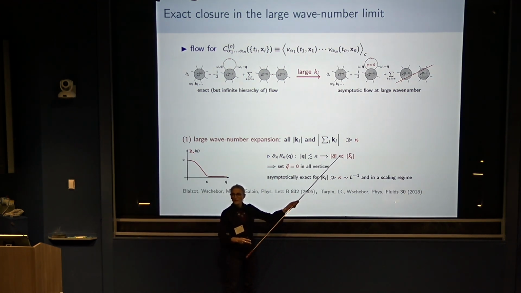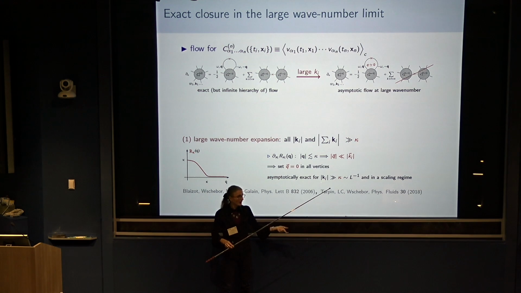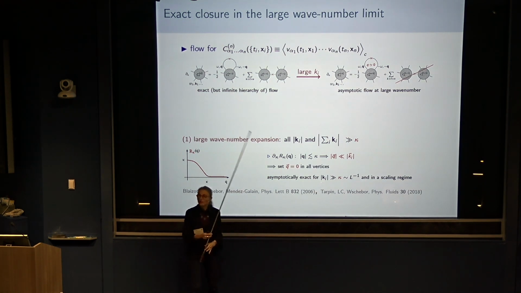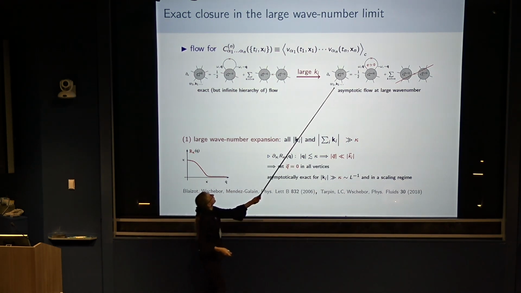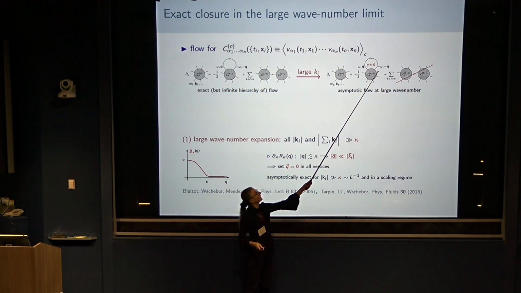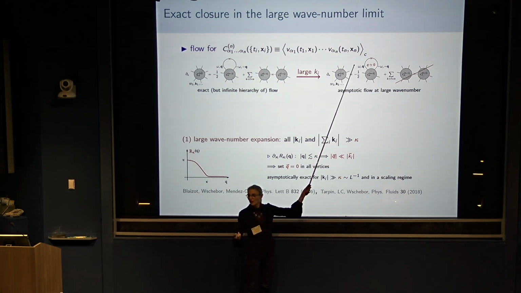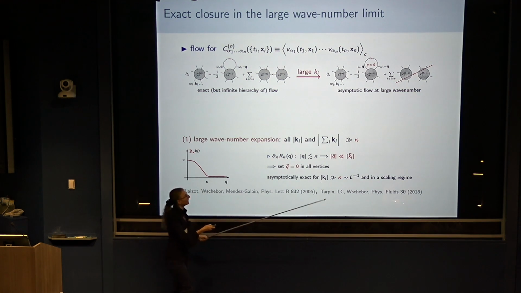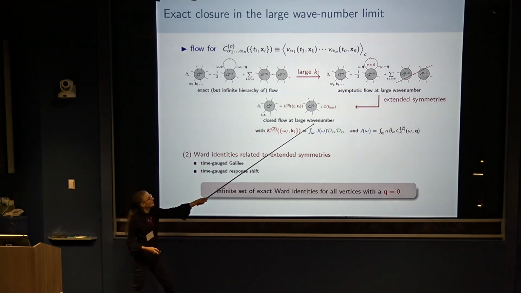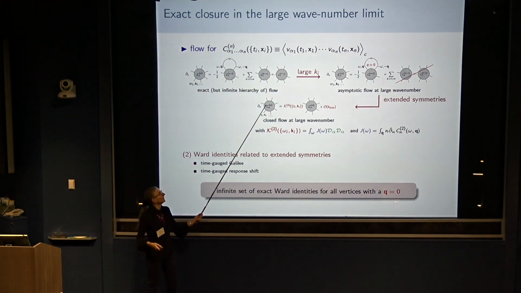Okay? And it means, in fact, that you can expand the vertices in powers of q over p, because q over p tends to 0 in the limit of large p. And if you do that, it just amounts to setting q equals 0 here on 2 legs. So you had at most n plus 2, you lower by 1, and then you use extended symmetries, and this equation is closed.